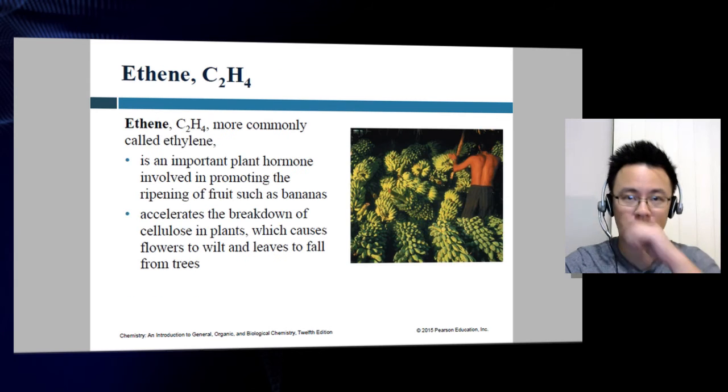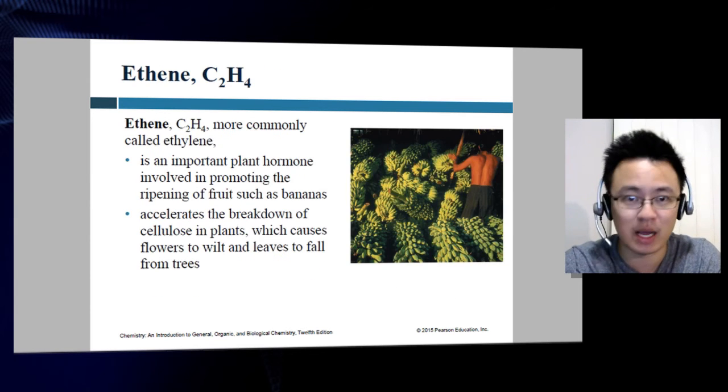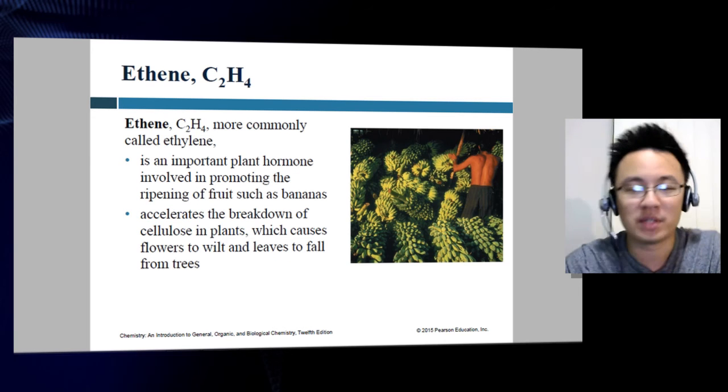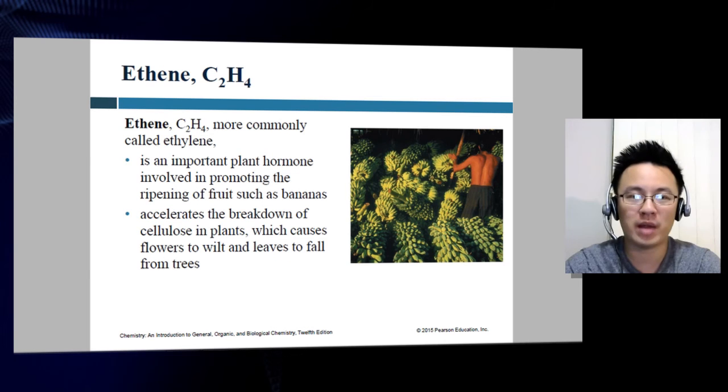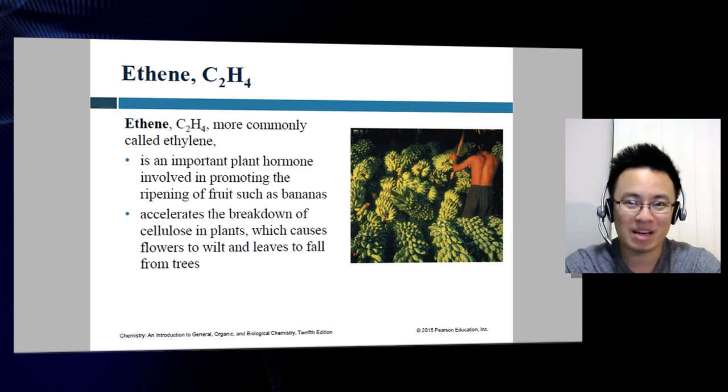It's really interesting. Ethene is a prime example of a type of alkene. It is a very important plant hormone involved in promoting the ripening of fruits such as bananas. So the more ripe a fruit is, the more ethene it produces.